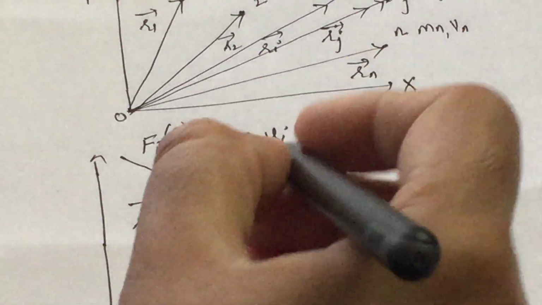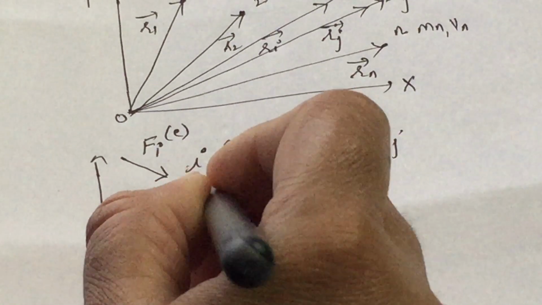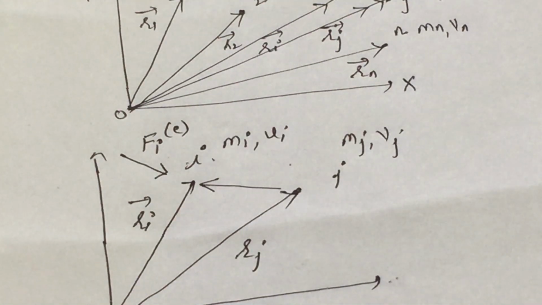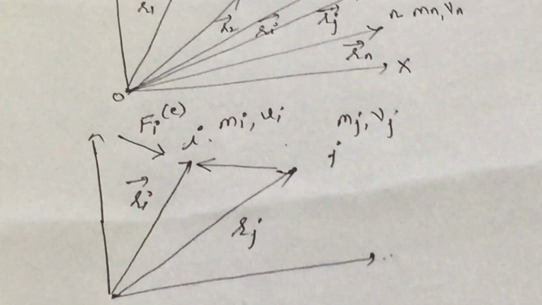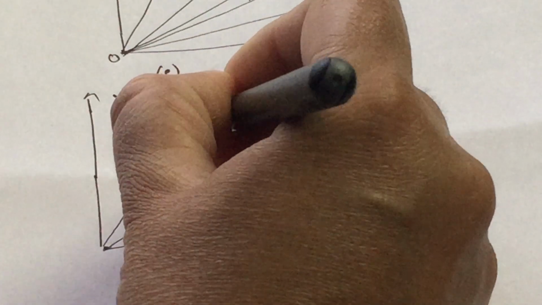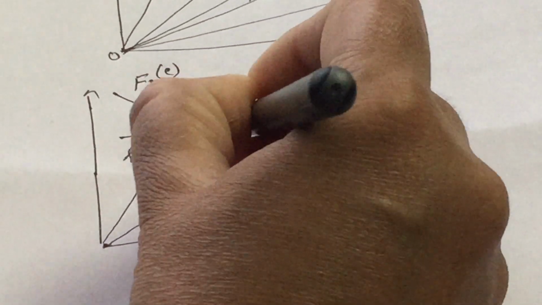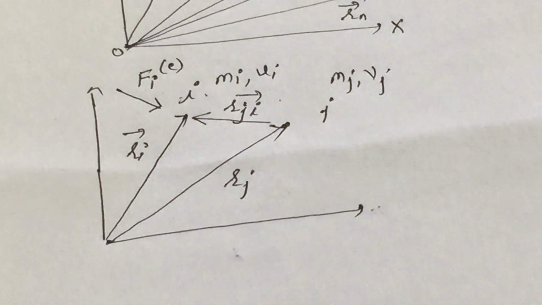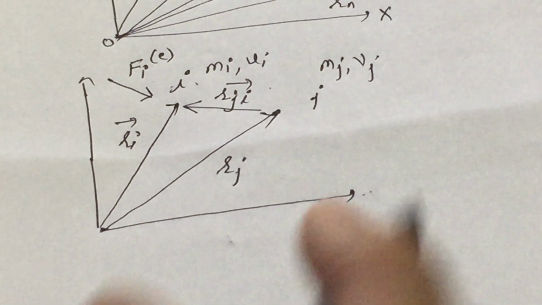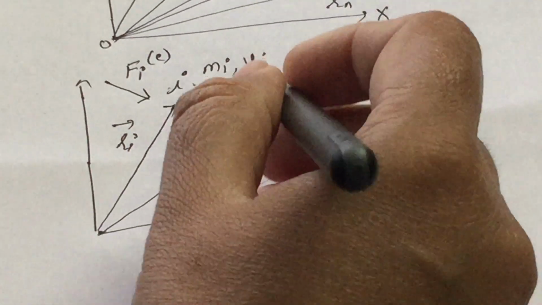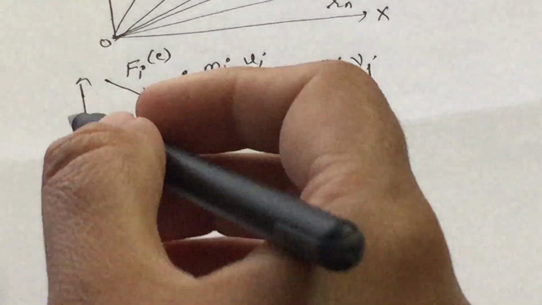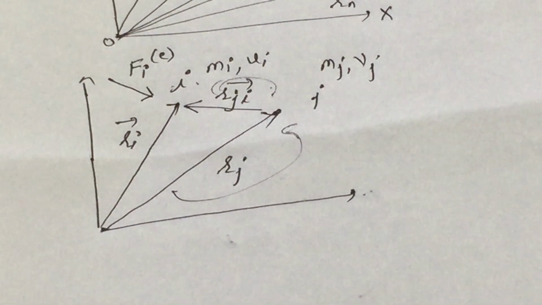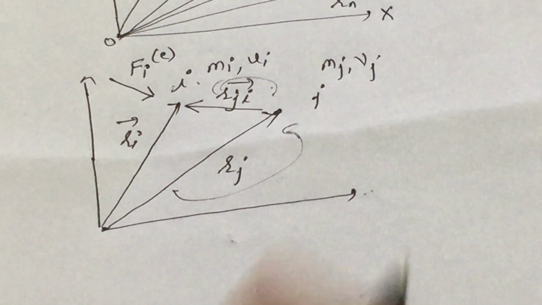We know there is a displacement vector between them, which can be represented by Rji and can be obtained with the help of a triangle of vector addition. These two vectors are in the anticlockwise direction, and this vector is in the clockwise direction, giving their resultant.